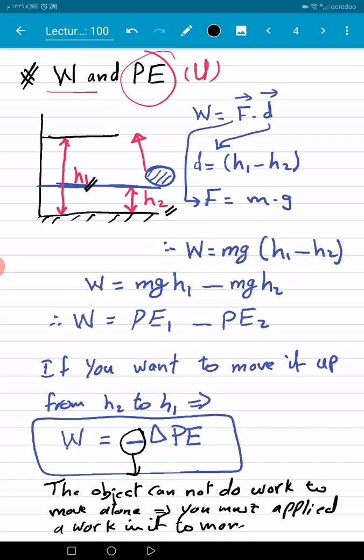When it moves, it changes its energy from potential to kinetic energy, so that is the meaning of the minus sign here.